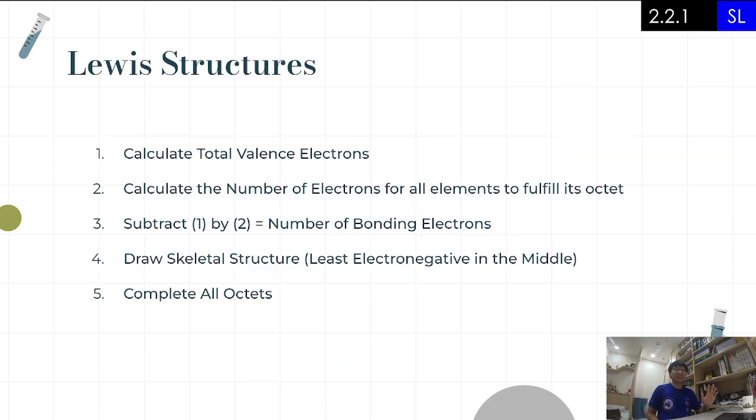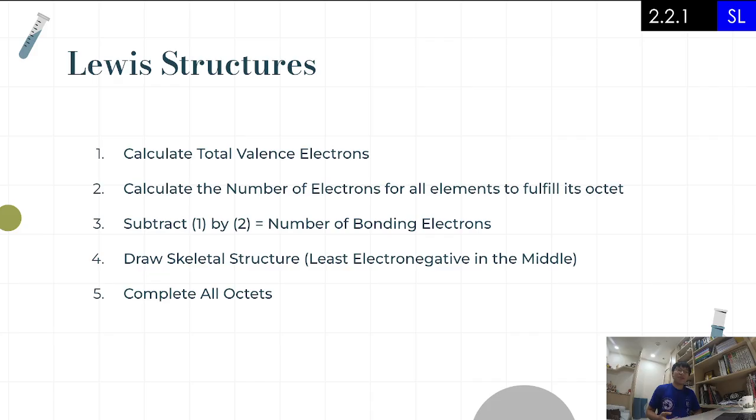So here are the 5 steps you need to take in order to figure out the correct Lewis structure. First, calculate the total valence electrons that all these atoms have. Then calculate the number of electrons needed for every element to fulfill its octet. It doesn't have to be an octet, I should have worded it better: calculate the number for all the elements to reach a full valence shell, so how many more they need. We subtract 1 from 2 to get the number of bonding electrons.